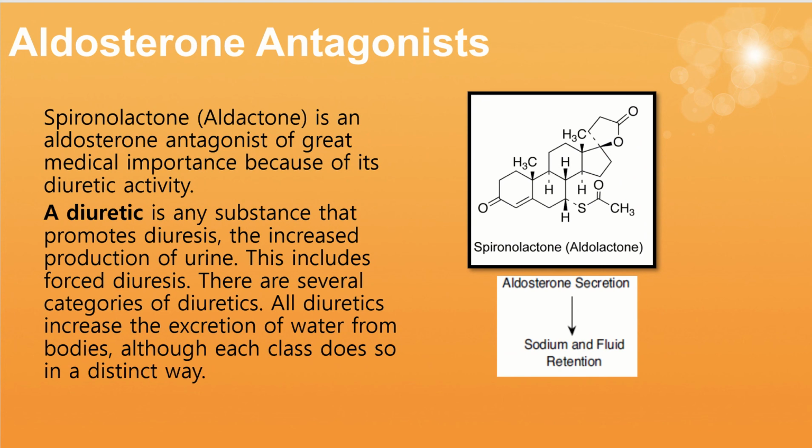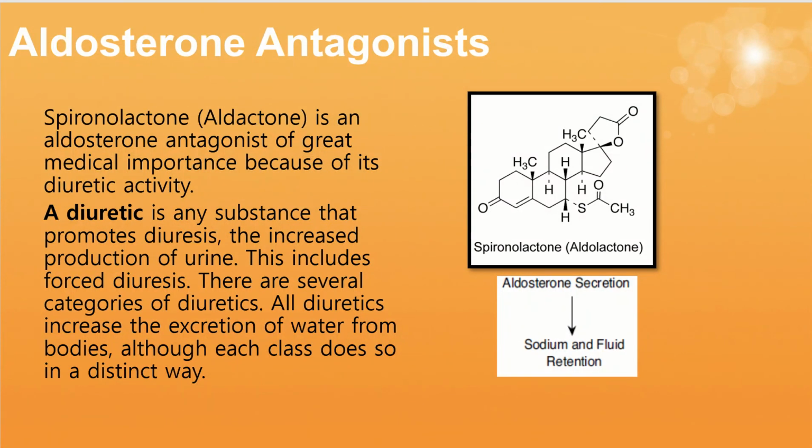All right, so finally, guys, spironolactone is an aldosterone antagonist of great medical importance because of its diuretic activity. Just to mention that a diuretic is any substance that promotes diuresis, that is the increased production of urine. This includes forced diuresis, and there are several categories of diuretics. All diuretics increase the excretion of water from the body, although each class does so in a distinct way.